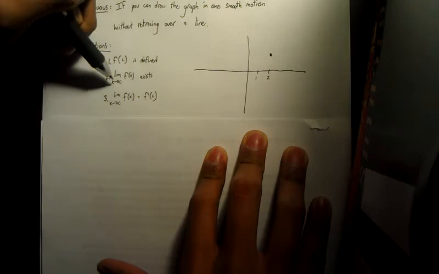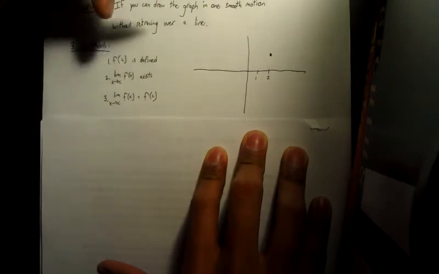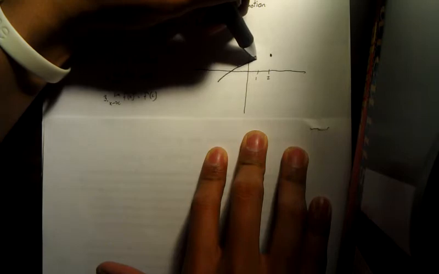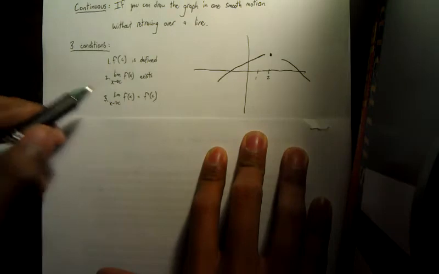Number 2, the limit of f of x as x approaches c exists. So that means that the limit from the left is going to be approaching 2, and the limit from the right is going to be approaching x equals 2 as well.